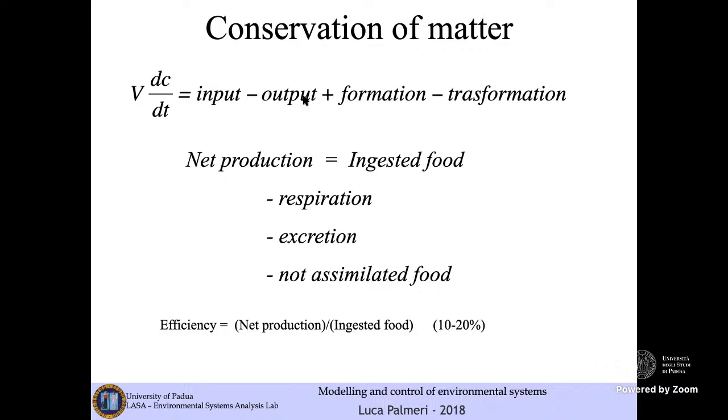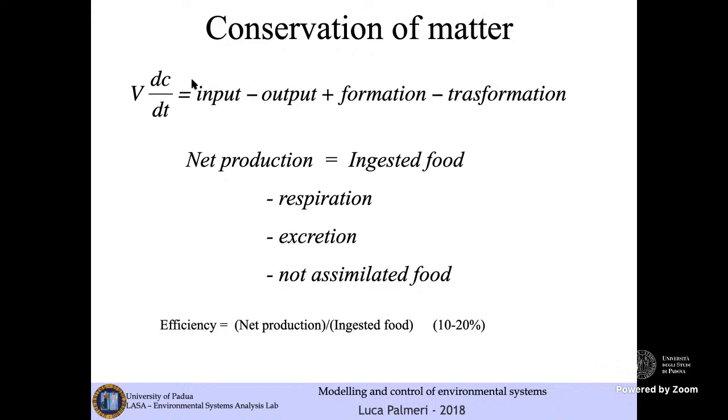For example, here I'm writing a continuity equation in which I say that the volume times the derivative in time of the concentration of something is equal to what goes in minus what goes out, plus formation of new matter that is locally formed by internal ecological processes, minus transformation, that is elements of matter C that are transformed into something else.